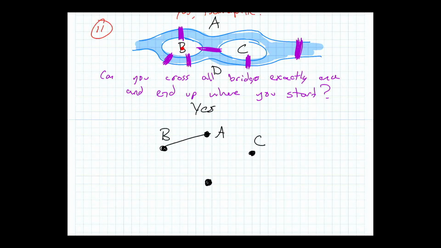Here, this is a bridge from B to D. This is a bridge from B to D. Two bridges B to D. So you draw two. This is from B to C, B to C. This one's C to D, C to D. And then we have this one, which is A to D. And that's all the bridges, I think.